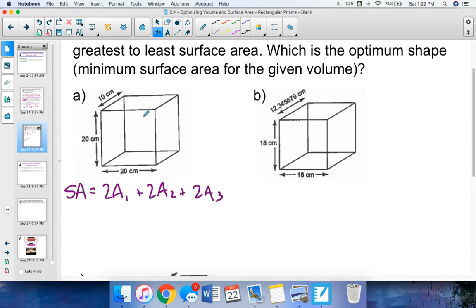Let's look at our dimensions and our sides. We can call this A1, the back one would be A2, and the side here would be A3. So the bottom would be 2, and our dimensions here would be 20 by 20. For A2, it would be 2 times 20.